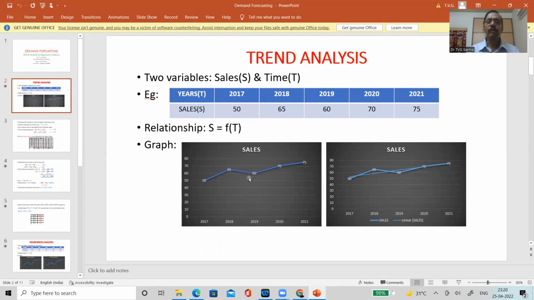When we plot the graph, we get a fluctuating curve like this. So sales in the short term have been fluctuating over the time period, but in the long term, you may see that there is an increasing trend.